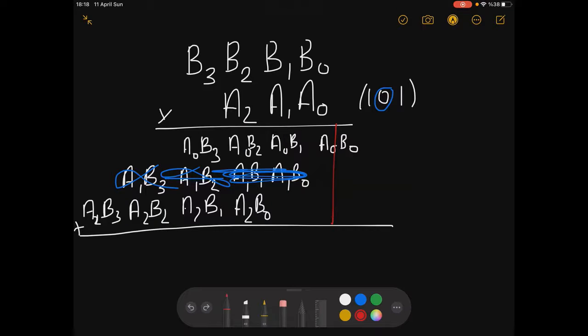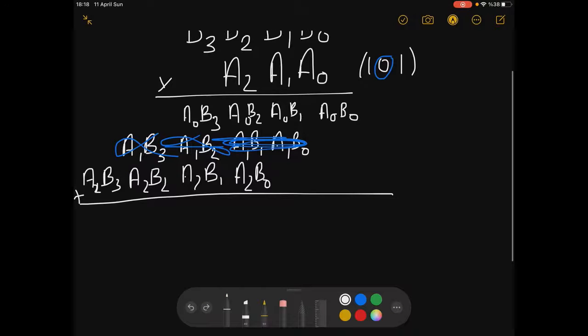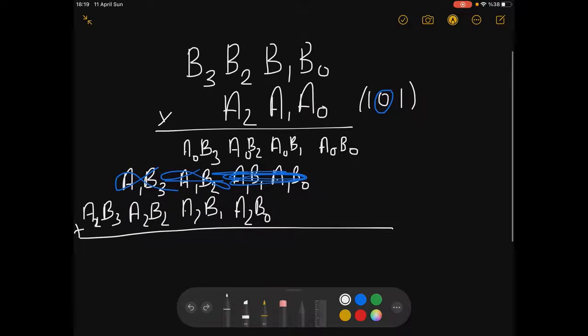So your results will be A0B0. Look at this. Your A0 is 1 and your A2 is also 1. So it is the 0.